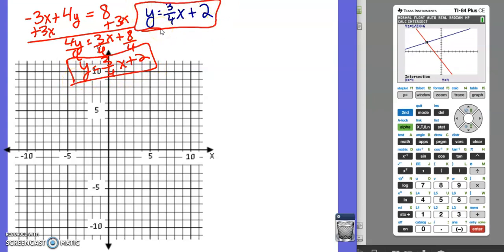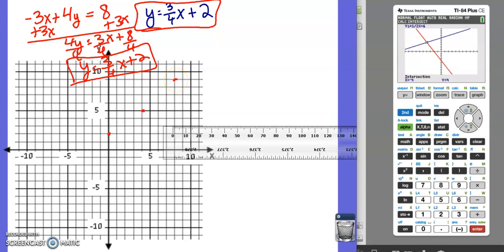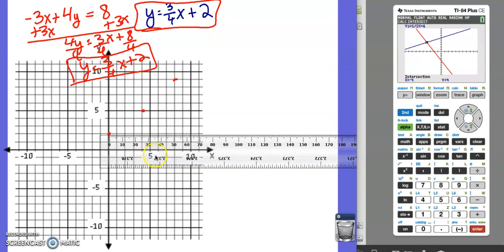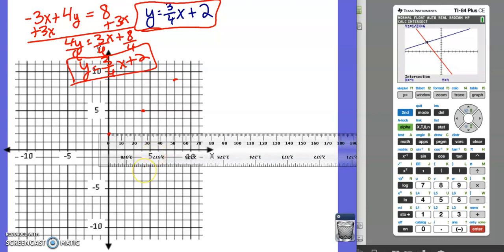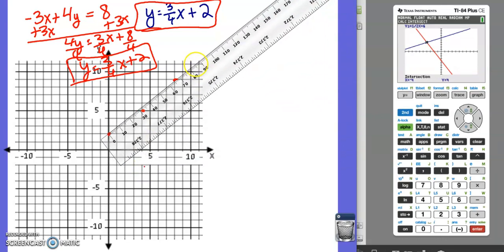So if you literally started graphing, start at plus 2 and then go up 3/4, go up 3/4, and you graph this line, and then you went back and you graphed the blue line, then you try to find the point of intersection.